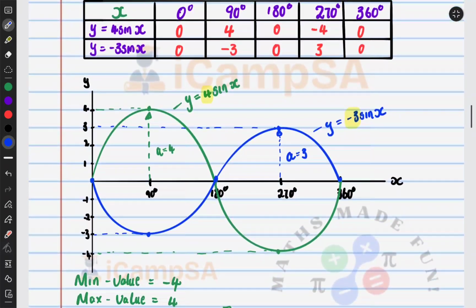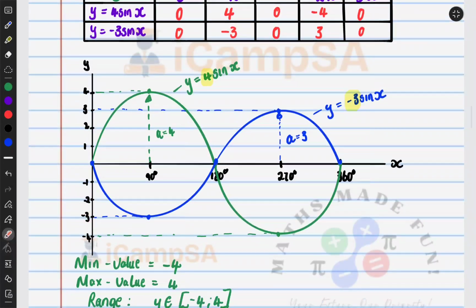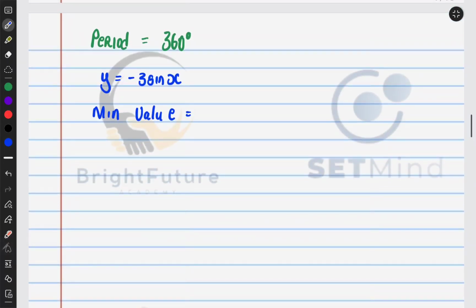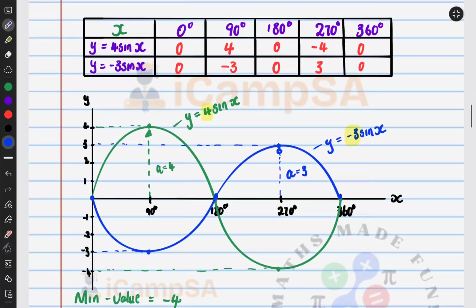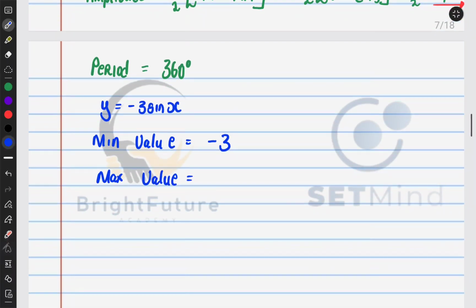Here we have the minimum value, which is the lowest value of the function, -3. And then next we are asked about the maximum value of the function. Here we have the maximum value, which is 3.